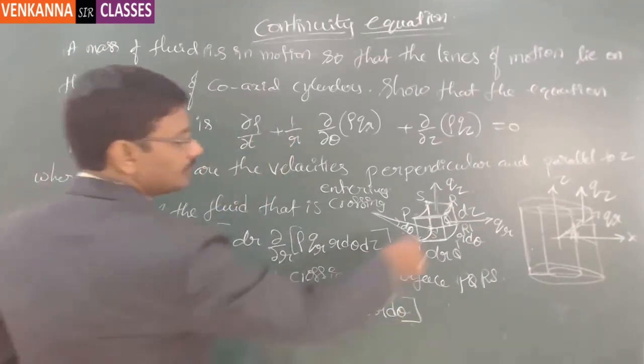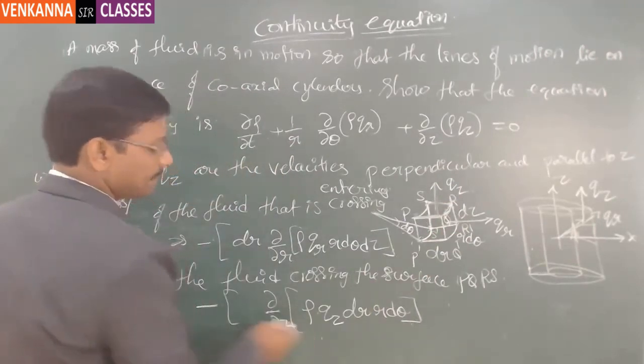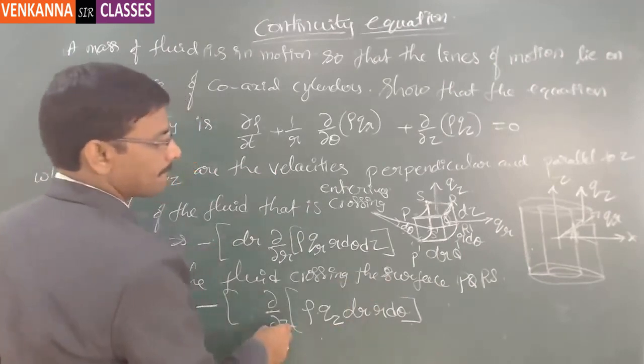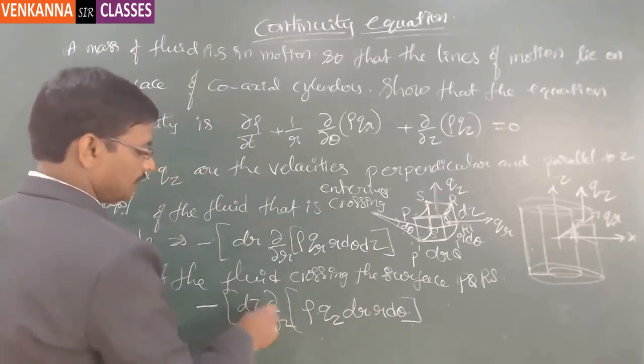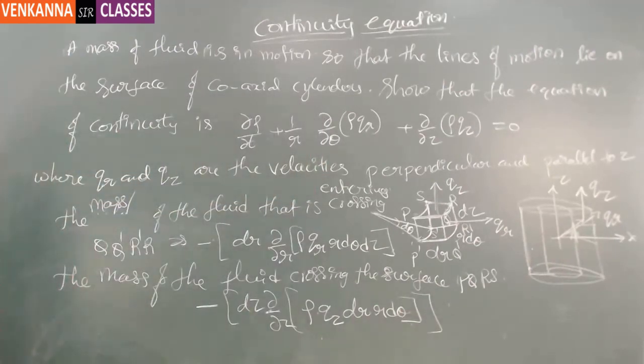And then the way it is moving is with respect to dz, ∂/∂z. And the length getting multiplied is dz. So this is the mass of the fluid. Got it? Understood or not?